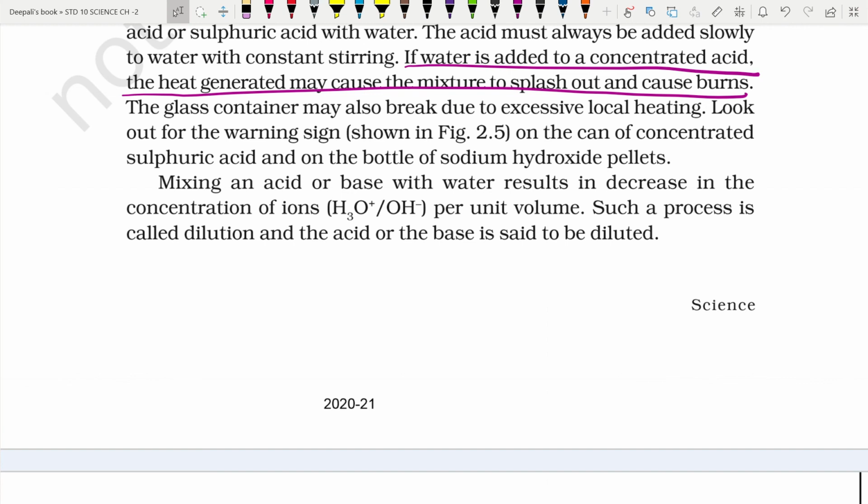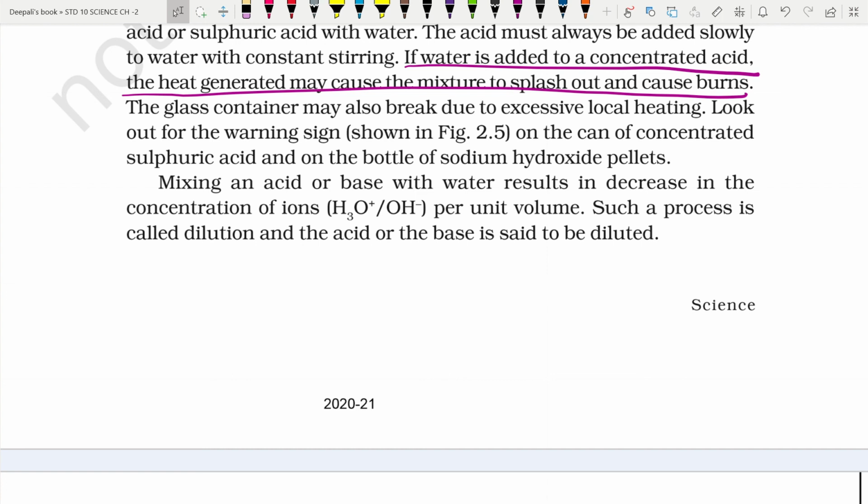When water is added to concentrated acid for dilution, the heat generated may cause the mixture to splash out and may cause burns. The glass container may also break due to excessive heat. Therefore, for dilution of concentrated acid, instead of adding water to the acid, acid is added slowly to the water with constant stirring. Hence, the liberated heat energy during dilution will spread in water and does not cause harm.